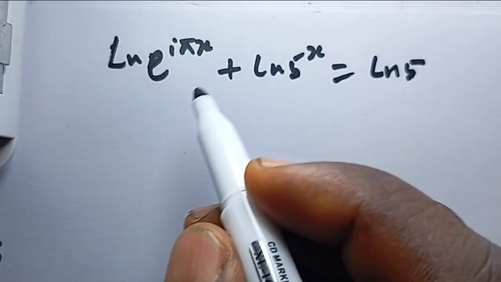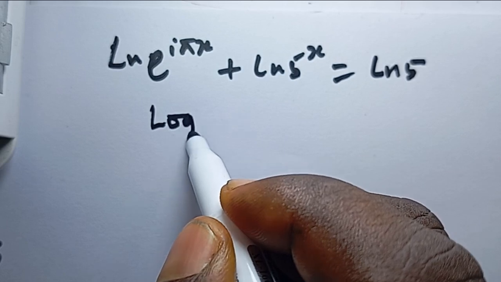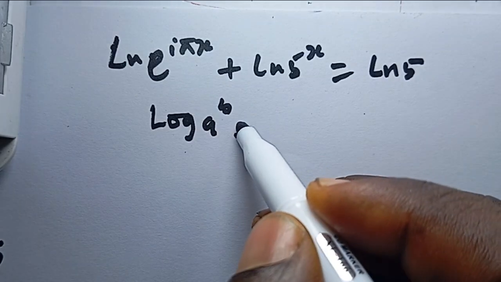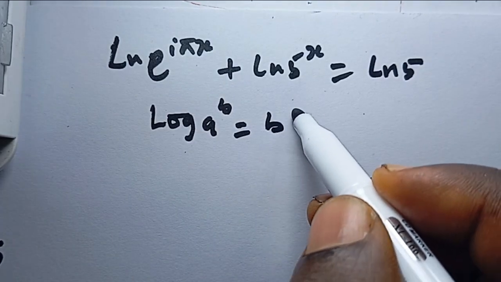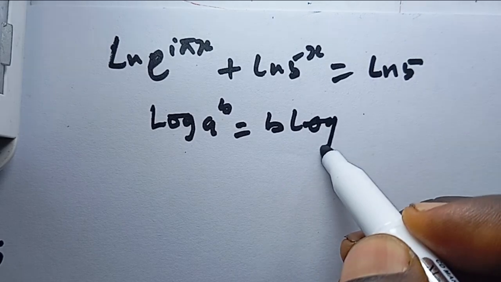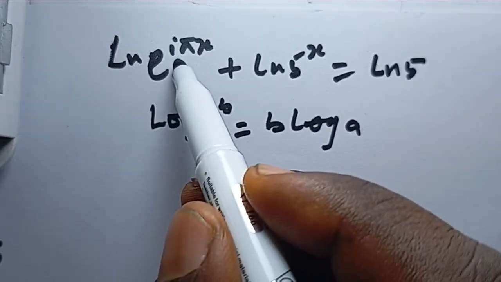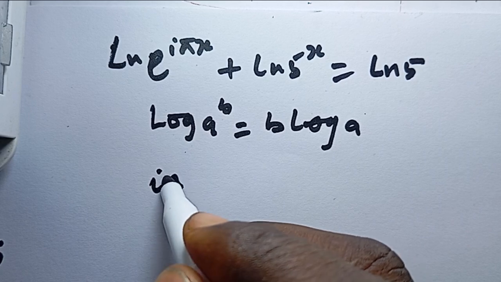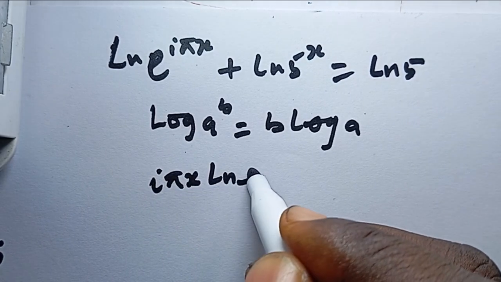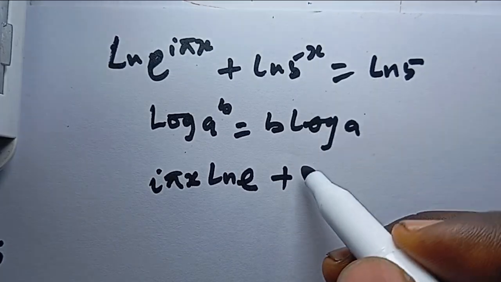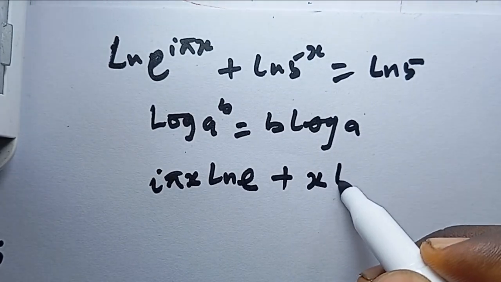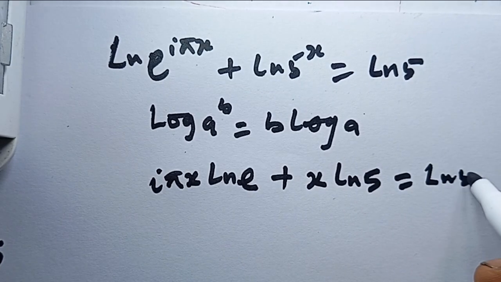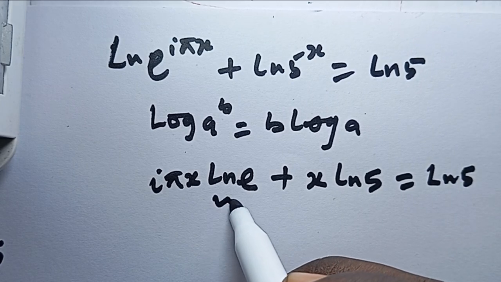So I'm actually also going to be utilizing another rule of logarithm, which says that if you have a log a power b, you can actually use this power here to multiply the log of a. Okay, so if I do that over here, this I pi x is actually going to come down to multiply the natural log of exponential, and then still using that here, x will come down to multiply the natural log of 5, and this will still be equal to the natural log of 5.